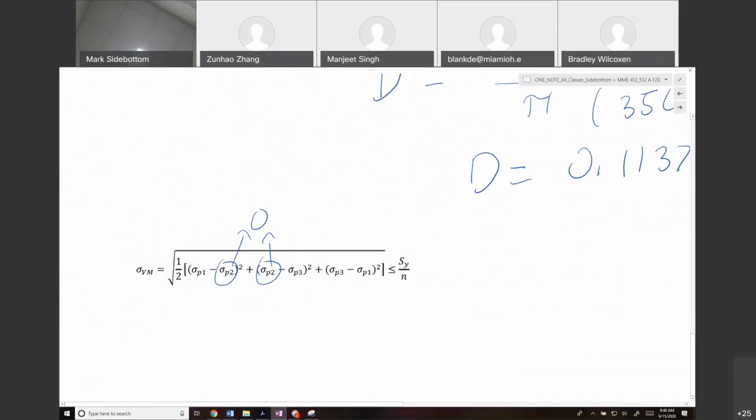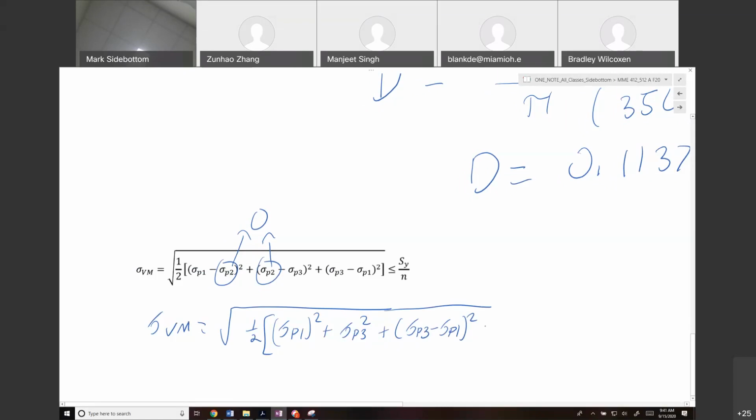So what we end up getting is sigma von Mises is equal to the square root of 1/2 of sigma P1 squared plus sigma P3 squared plus the difference between sigma P3 and sigma P1 squared. Right?